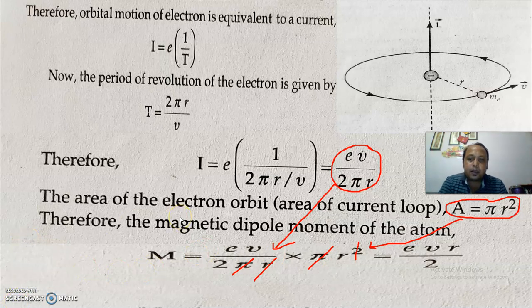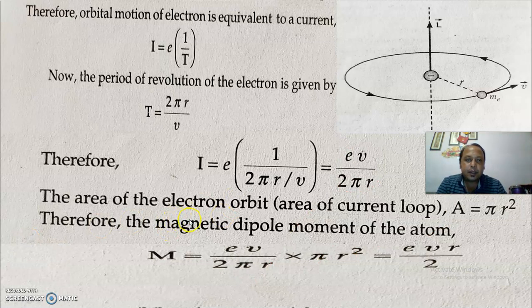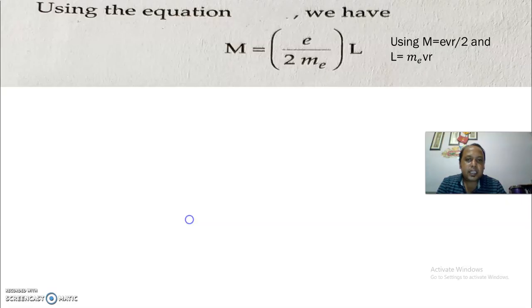Now, if this is clear, then we can represent this magnetic dipole moment in terms of vector also. And firstly, in terms of L, we will represent. We have already calculated the value of magnetic dipole moment as EVR upon 2. And we have also shown that the value of L, that is angular momentum, is m_e into V into R. Now VR can be written as L by m_e.